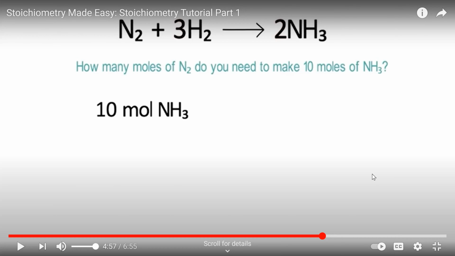So if we have 10 moles of ammonia, the question is, how many moles of nitrogen do we need? So cross multiplication, very easy. 10 multiplied by 1, divided by 2, equals 5 moles of nitrogen.